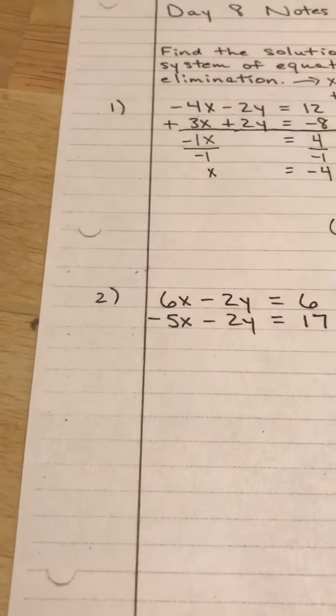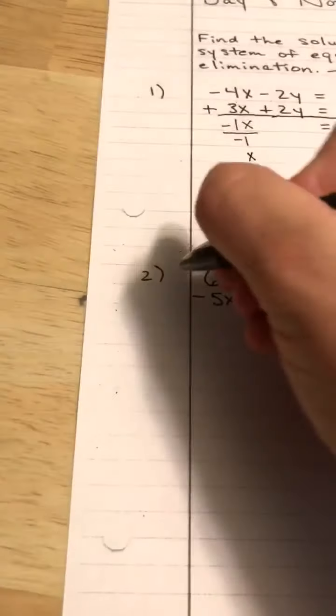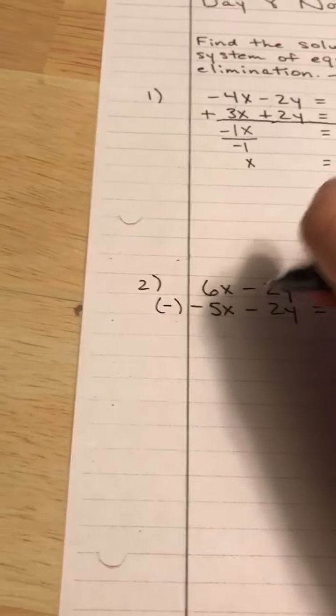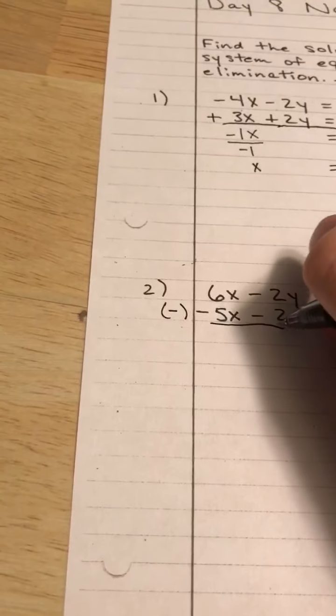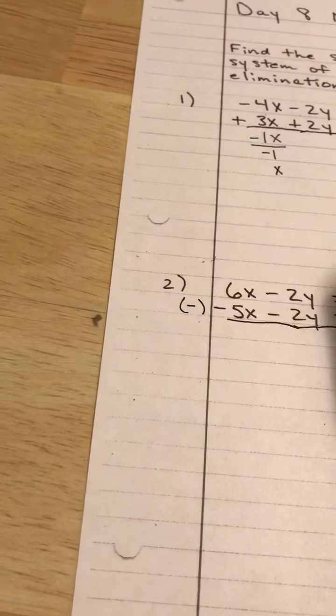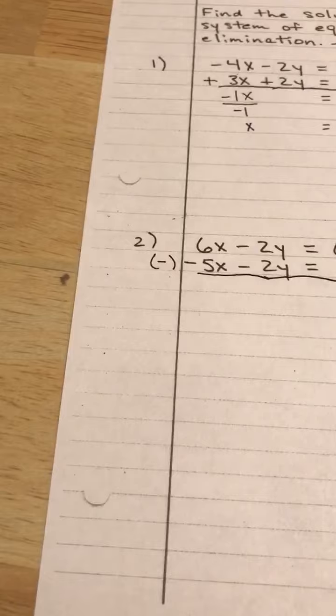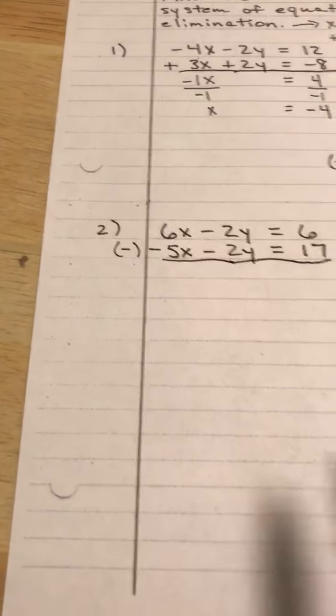Now, whenever I subtract the two lines, I always put the negative inside of a parentheses, just so I don't confuse it with any other negative that might be in front, like this one right here. But let's go ahead and subtract these two lines.